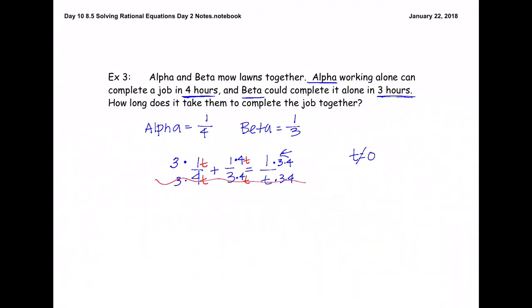Your denominators all match. We have 3t plus 4t is equal to 12. 3 plus 4 is 7t. When we divide by 7, we get our time is approximately 1.7 hours to complete the job.